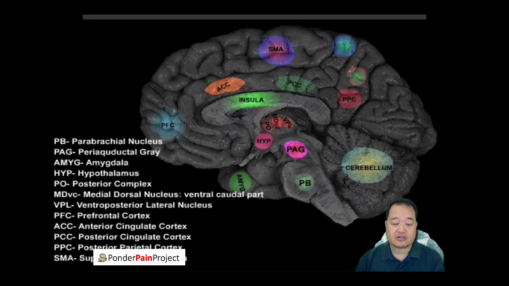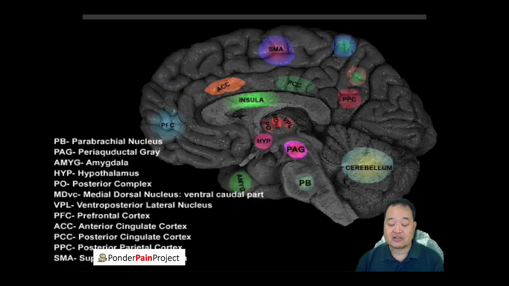Now, if you look at this picture, you'll start to see where these areas are located. We start to see the thalamus, which is located right under, or near, that structure that says the hypothalamus. See the HYP, underneath that is the hypothalamus. You'll see the periaqueductal gray. Those are the areas we talked about where the C fibers go.